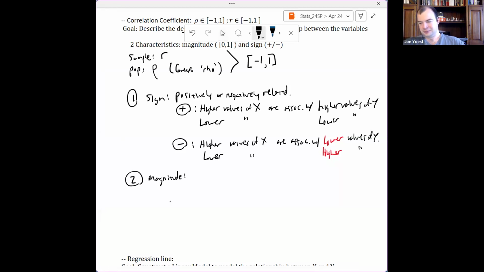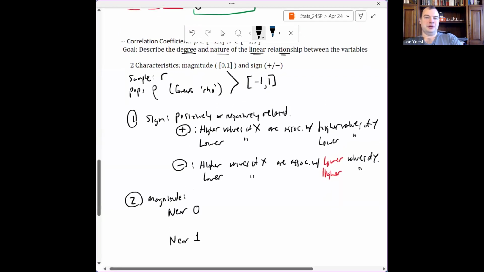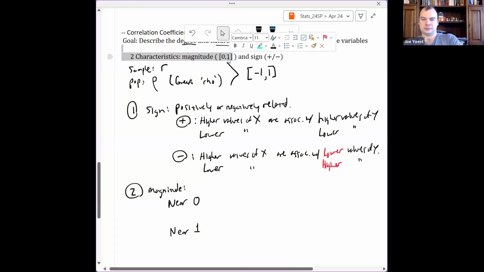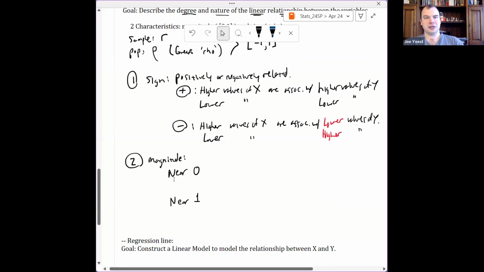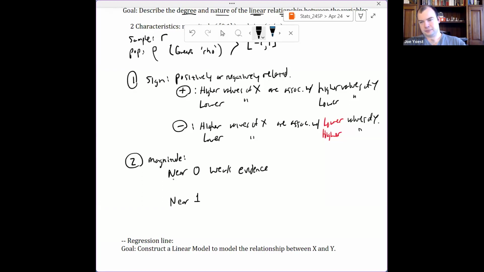Now the magnitude is between 0 and 1, remember. If it's near 0, that suggests a very weak linear relationship, or weak evidence of a linear relationship. So the strength of the linear relationship between x and y seems to be quite low.